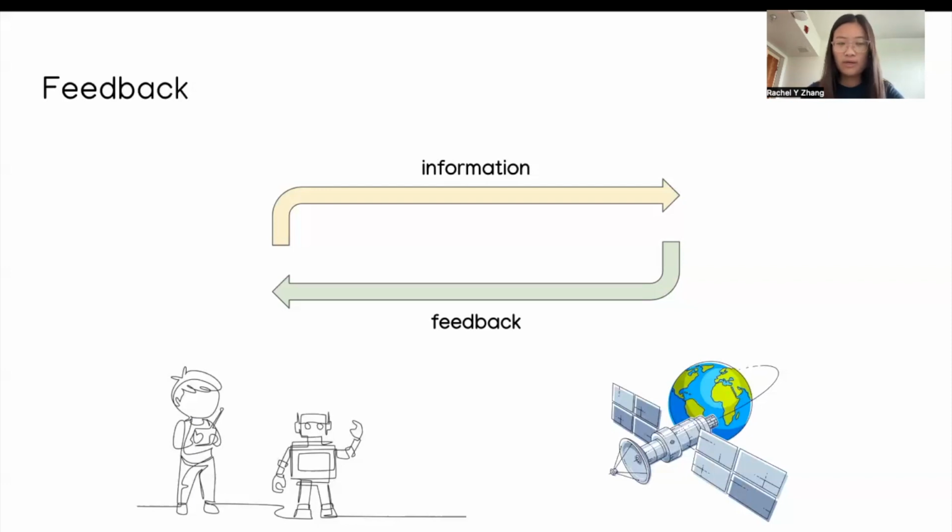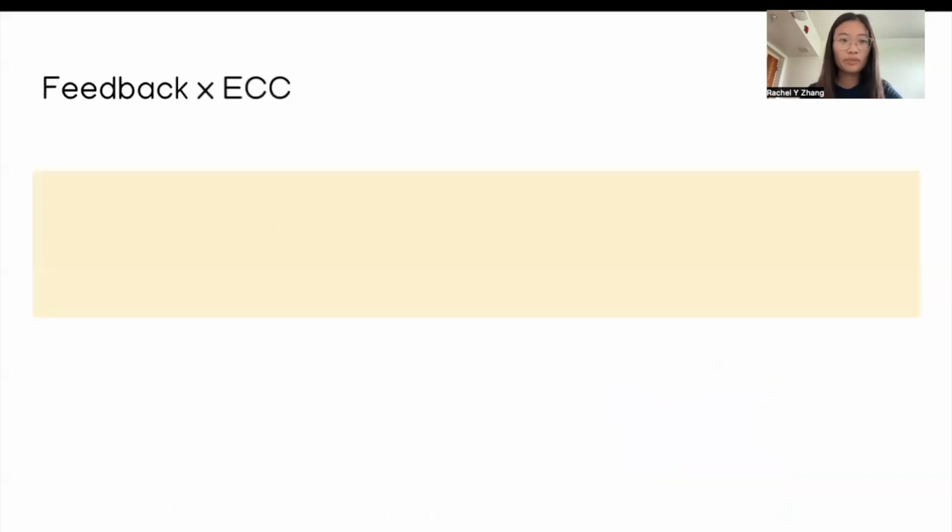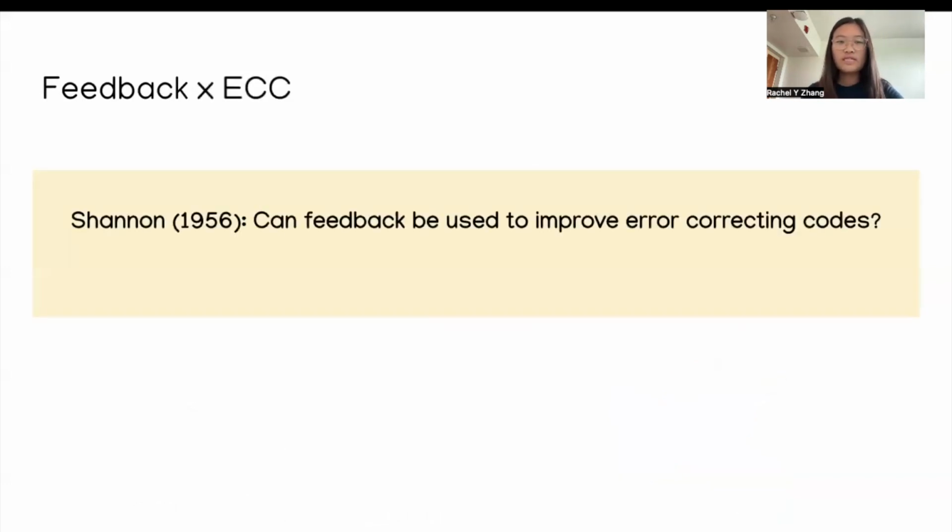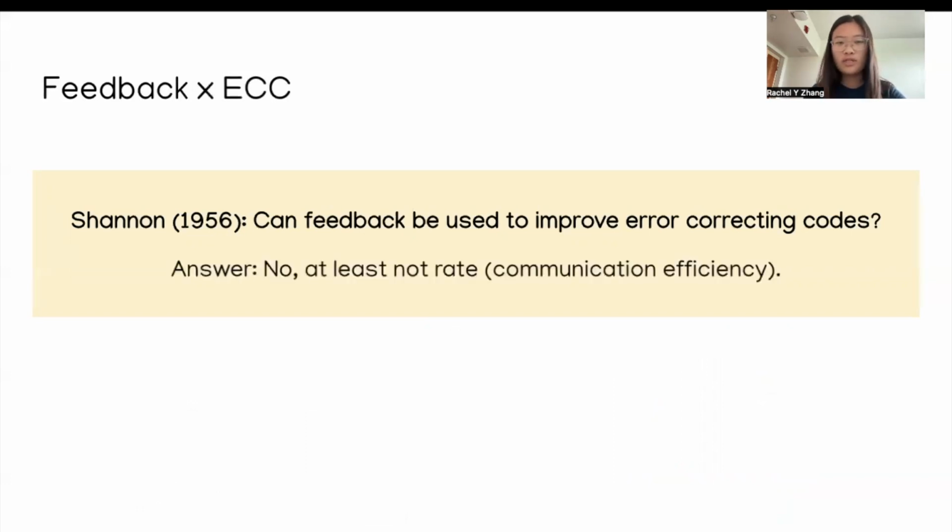Okay, so now let's talk about error correcting codes and feedback together, because that's the topic of our talk today. In 1956, Shannon asked the following question: can feedback be used to improve error correcting codes? Unfortunately, it turns out the answer is no, at least not in terms of rate, which is communication efficiency.